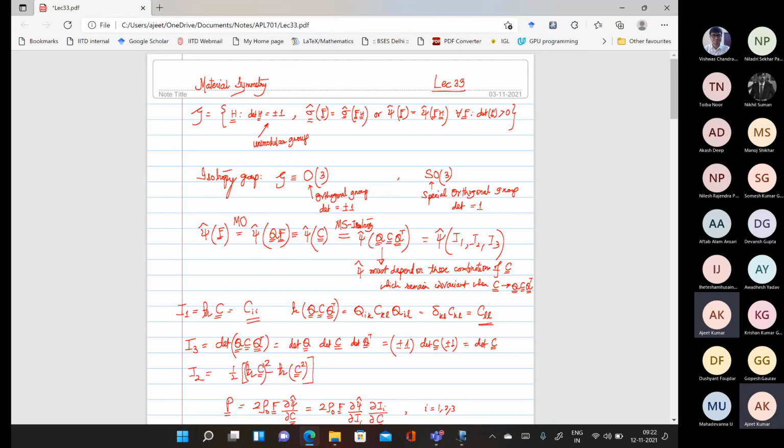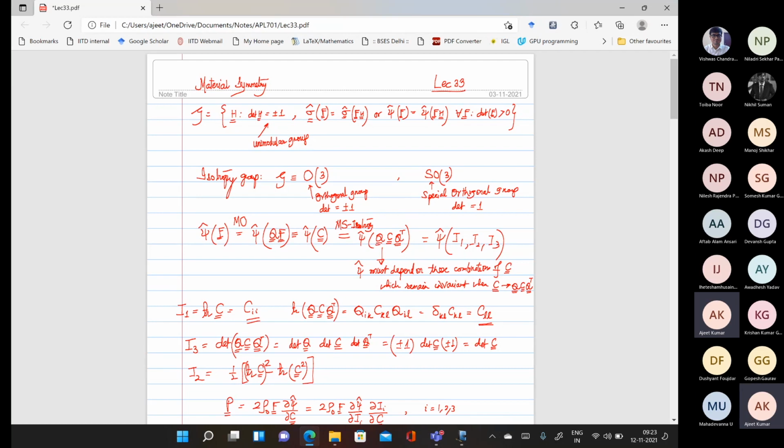See, in general, for a compressible material, psi will not only depend on J. If it's an isotropic compressible material, for example, it depends on all three invariants, I1, I2, I3. It need not depend just on I3. We did an example of a compressible fluid where we said that it only depends on J. So that was a special case.